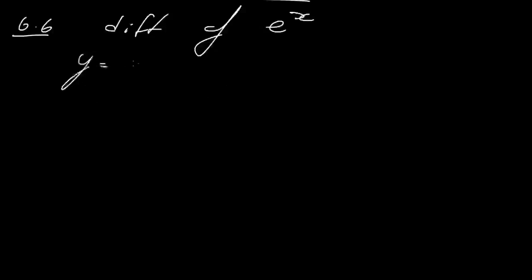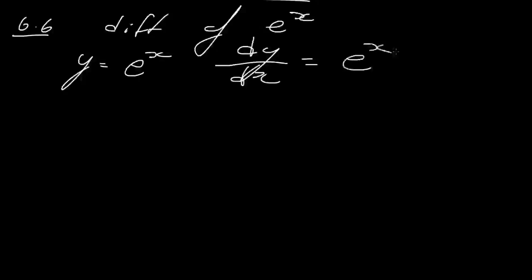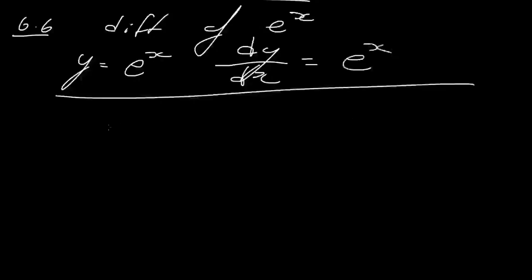If the function y equals e to the x, dy by dx is also equal to e to the x. So that's simple. E to the x stays e to the x when you derive it. So if you had 2e to the x, the derivative would be 2e to the x.